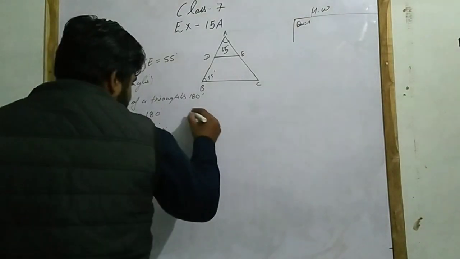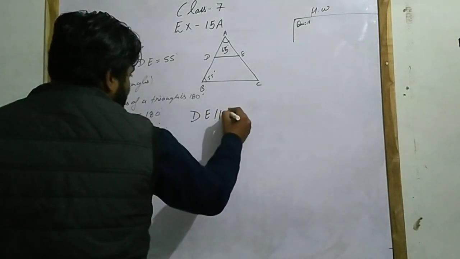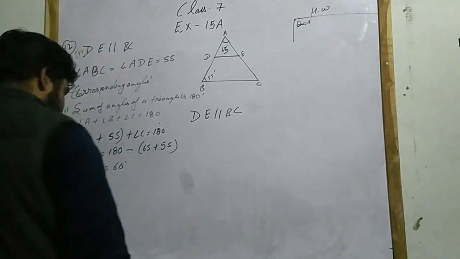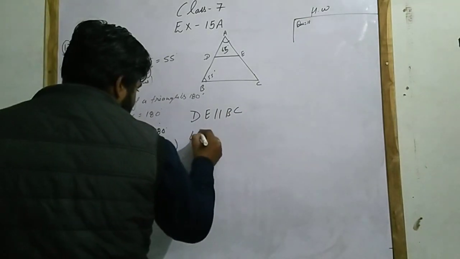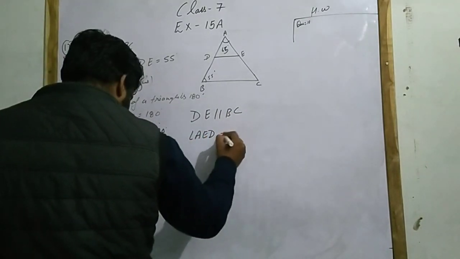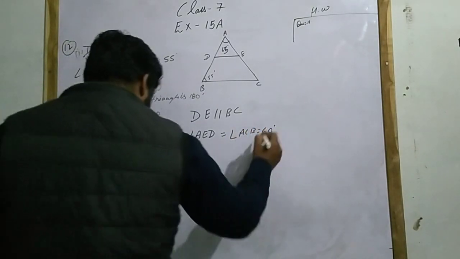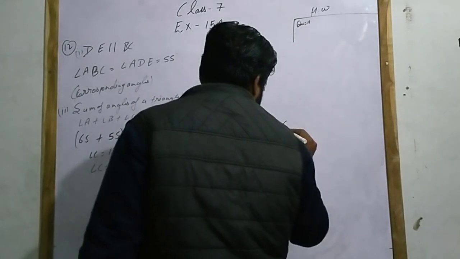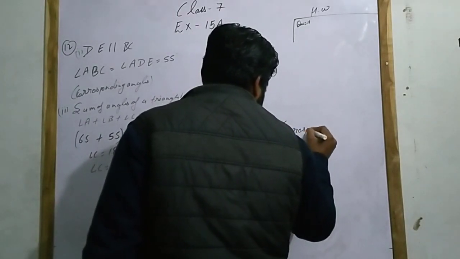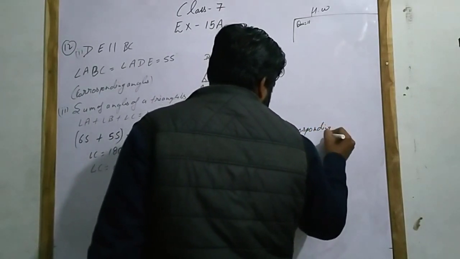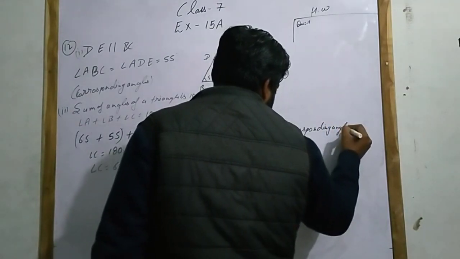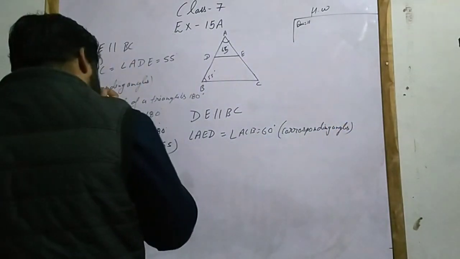Now DE पैरेलल है BC के, DE is parallel to BC, so angle AED equals to angle ACB equals to 60 degree. Why? Corresponding angles.